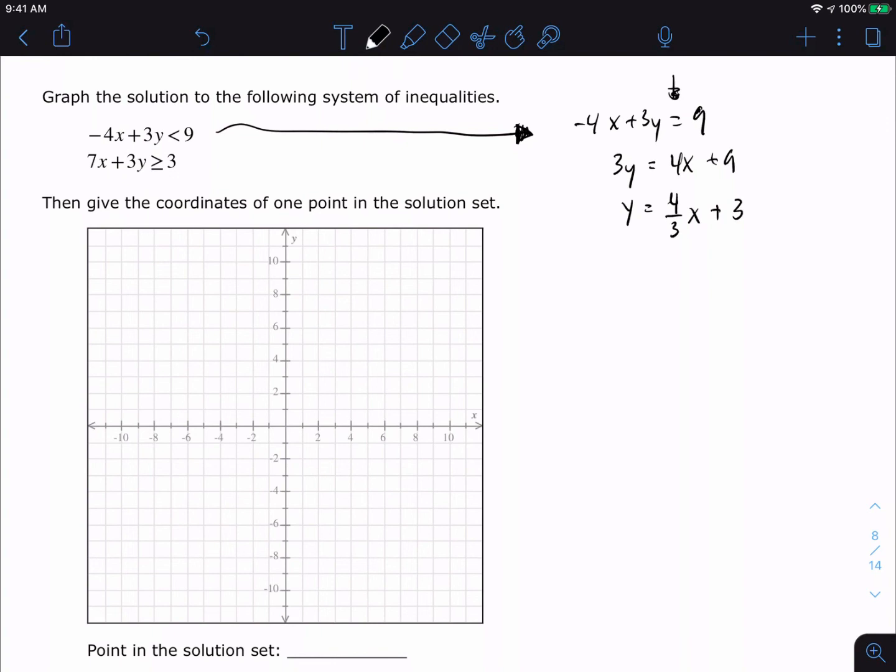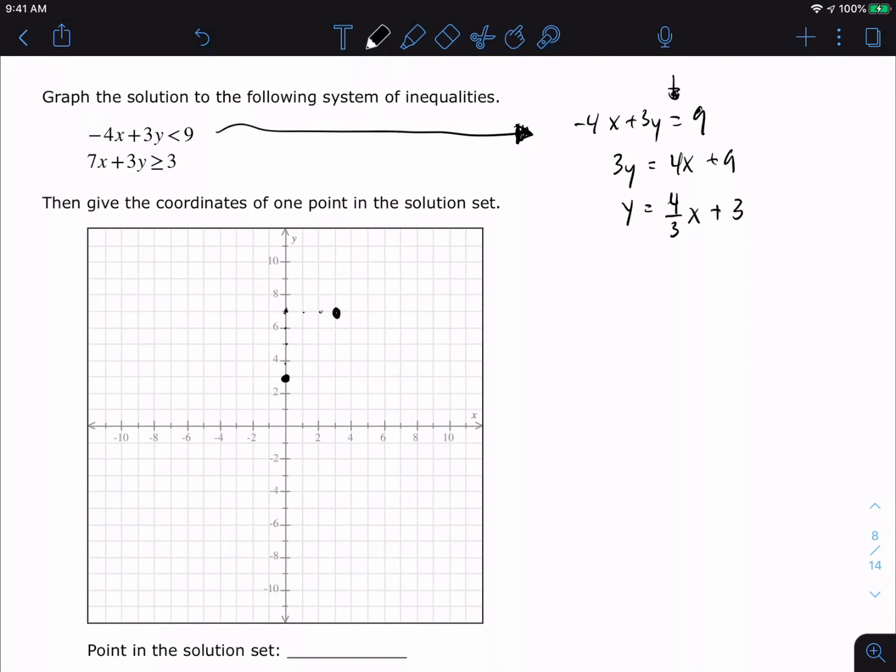Okay, so then what we're going to get is the 3 is our intercept to the y-axis, and then the slope is telling us to go up 4 and then to the right 3. So I'm going to go up 4, so 1, 2, 3, 4, and then to the right 3, 1, 2, 3. That's my point.